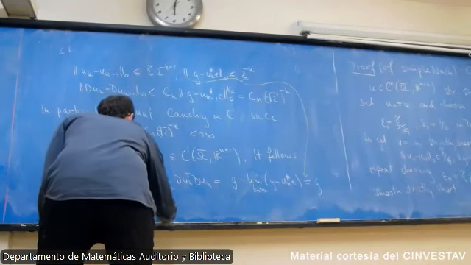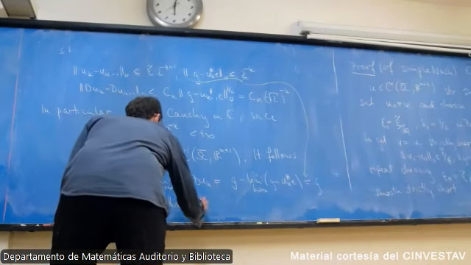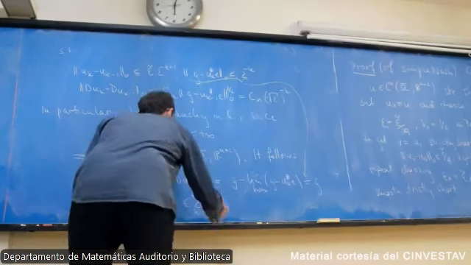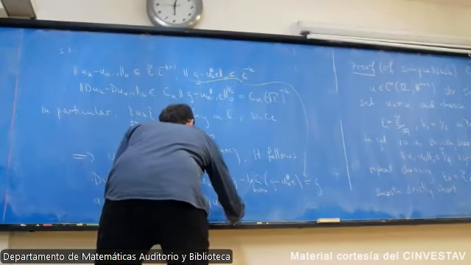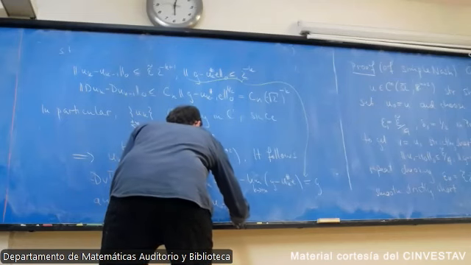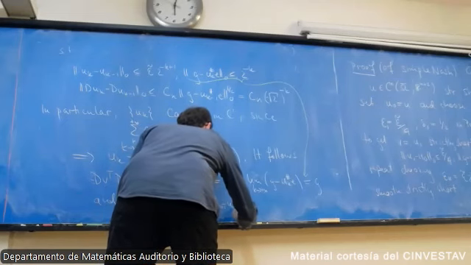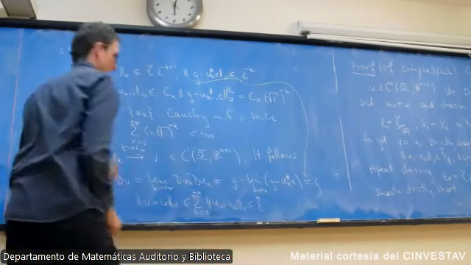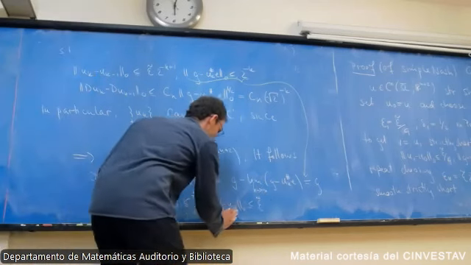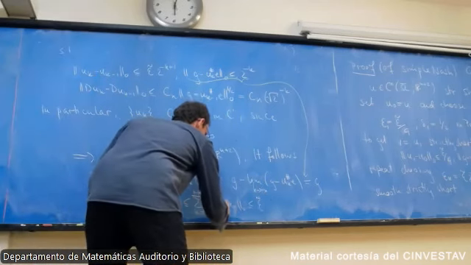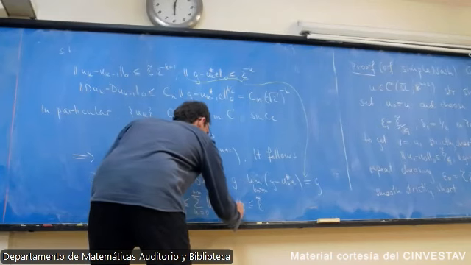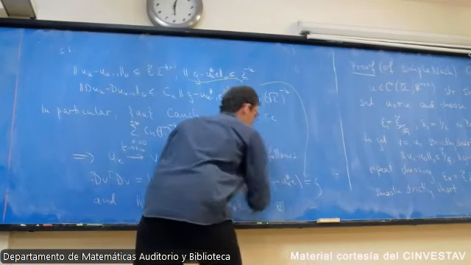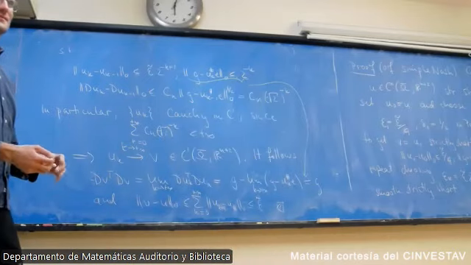And V minus U is less than or equal to the sum from k equals 0 to plus infinity of u_{k+1} minus u_k, which is less than or equal to epsilon. And then we're done.